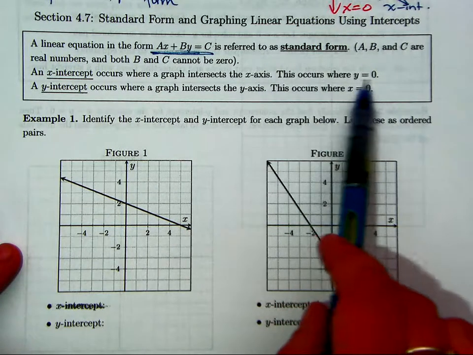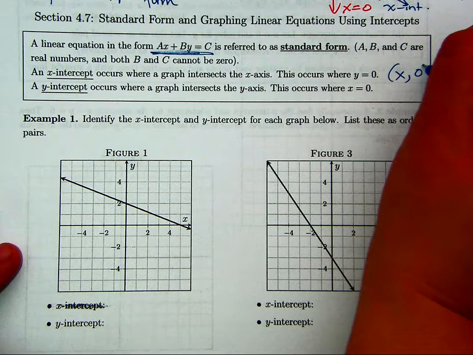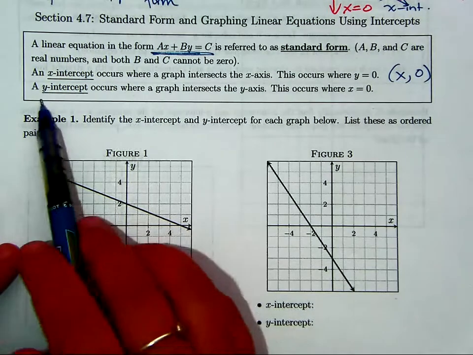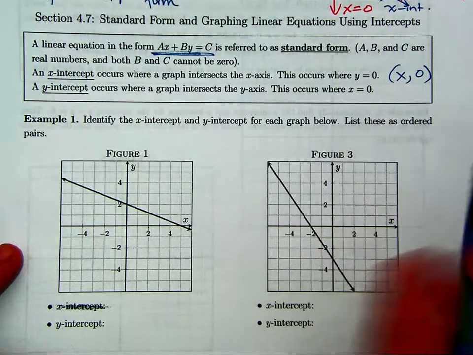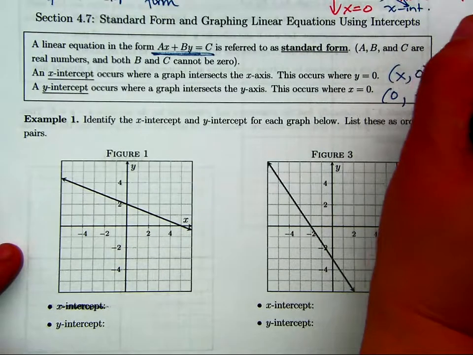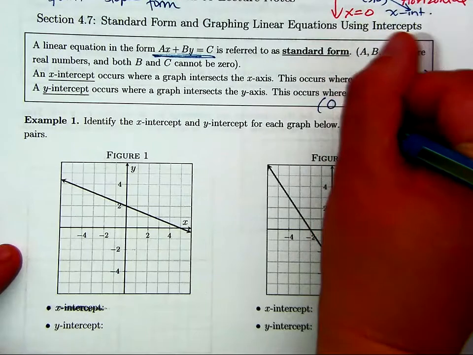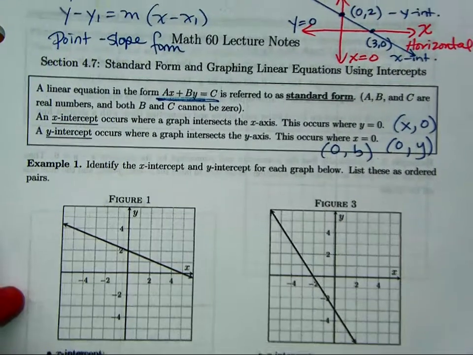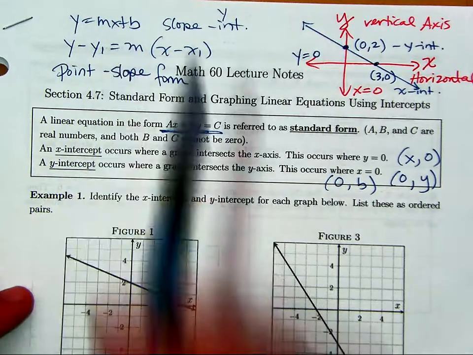This occurs when y equals 0. So you would have an x and a 0, right? You would have a number for x. A y-intercept occurs when the graph intersects the y-axis. This occurs when x equals 0. So you have 0, and I'll just put a y, but we remember that this is the same thing as 0, b. And the b comes from the y equals mx plus b formula back here.